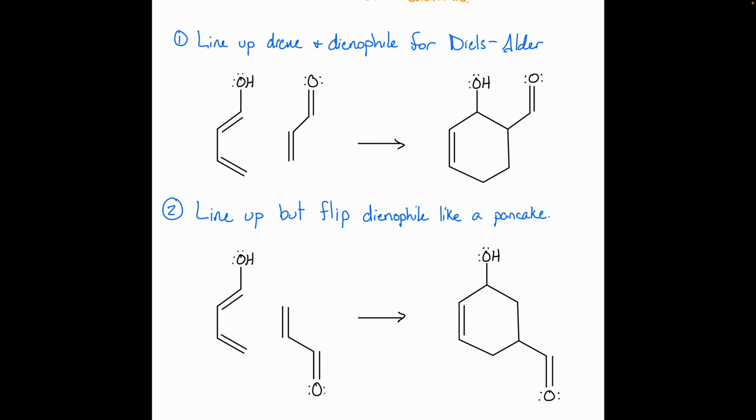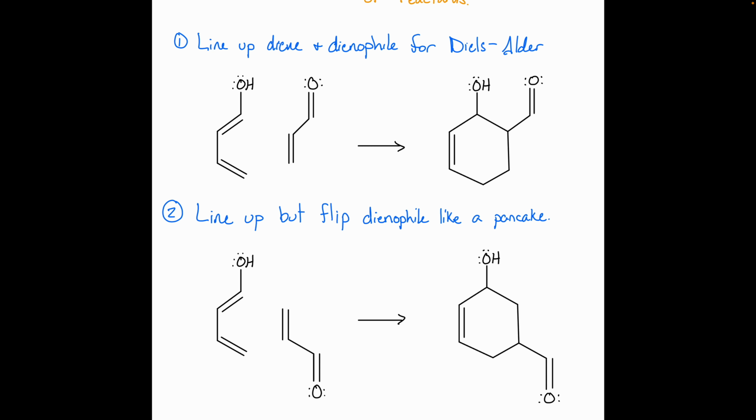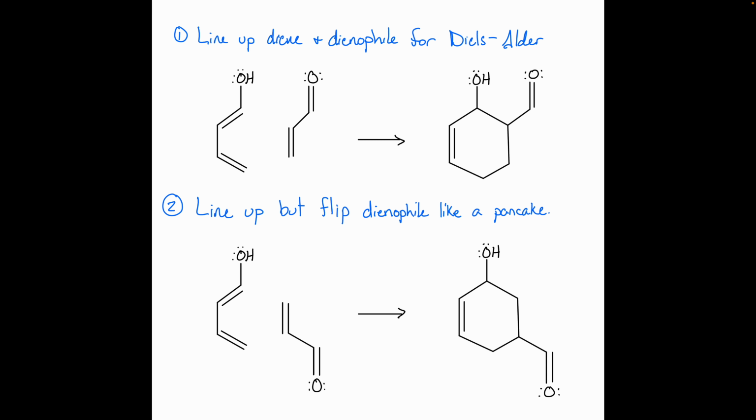Let's call this one up top here our 1,2 product, since they're 1,2 carbons apart on that ring. And this one we're going to call our 1,3 product, since they're 3 carbons apart on that ring. So again, we get two different molecules depending on which way we orient this.